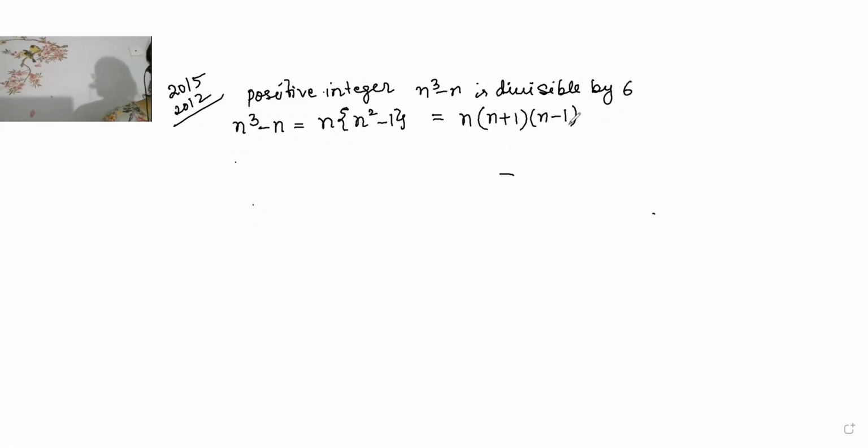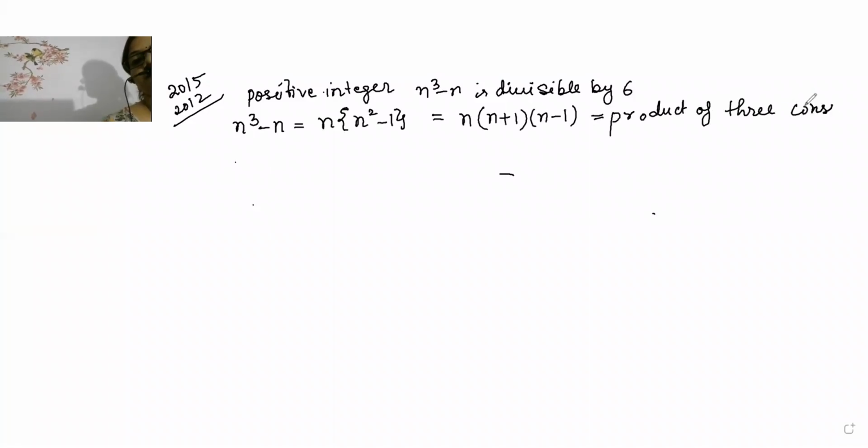Okay, now beta, it is exactly product of 3 consecutive integers. Yesterday itself I told you na beta, it is product of 3 consecutive integers. It is exactly product of 3 consecutive integers, beta.